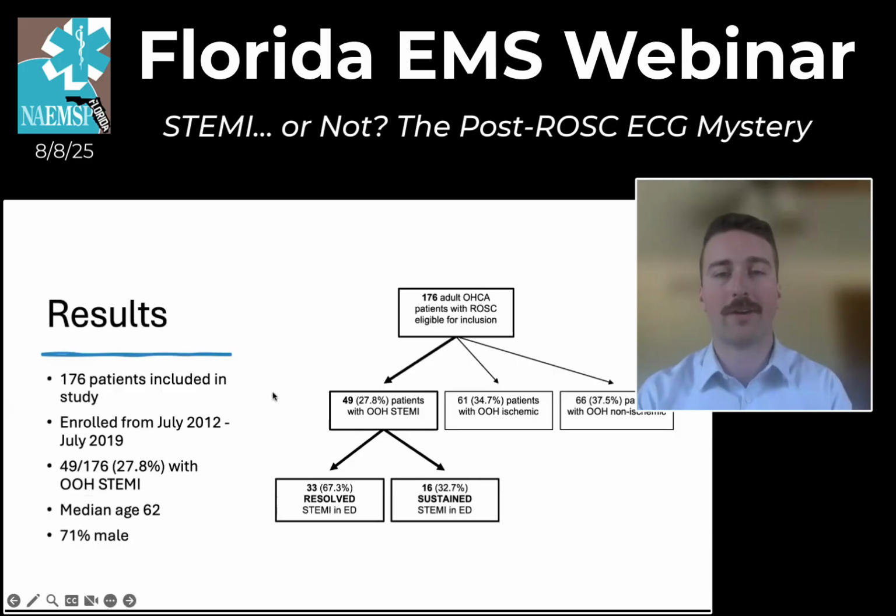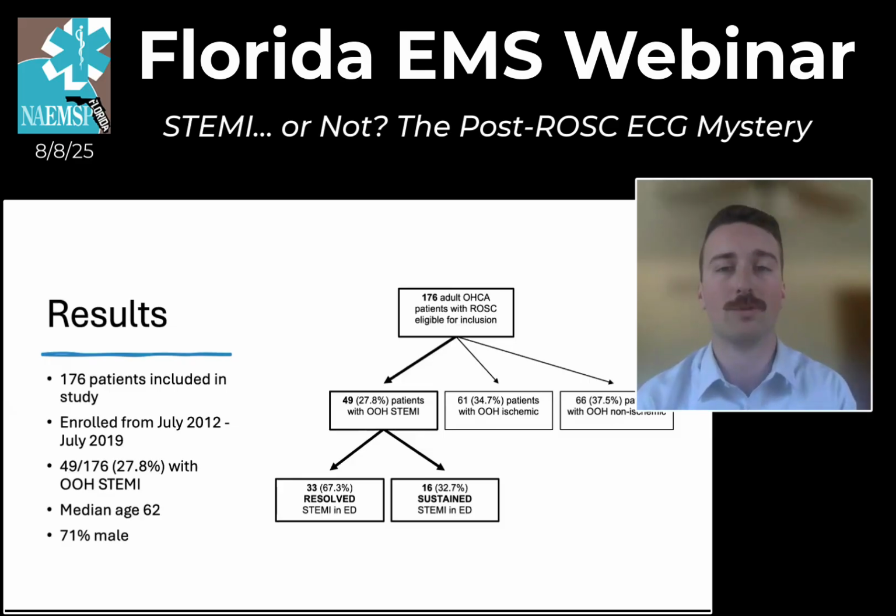So here's a flow diagram of the patients we had in our study. There were 176 adult non-traumatic arrests, which occurred between July of 2012 and July of 2019 in the Milwaukee County EMS system, which is a fire-based ALS system comprised of 14 different fire departments. These patients were all transported to Froedtert Hospital, which is the academic site affiliated with the Medical College of Wisconsin.